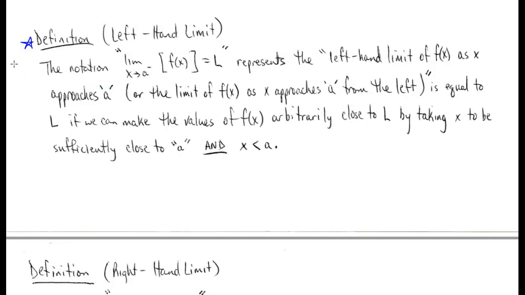Okay. And again, all this really says is this notation just means that we're looking at a left-hand limit of f of x as x approaches a, only from the left.